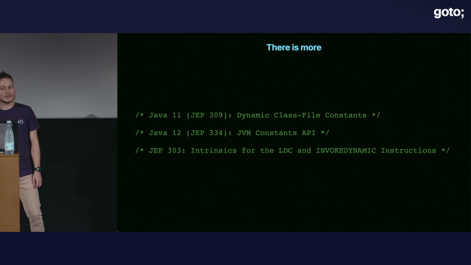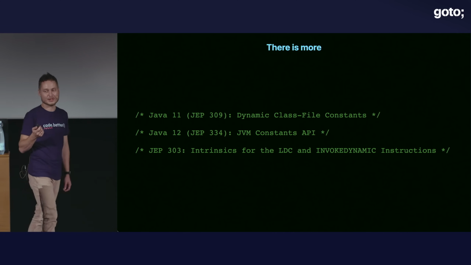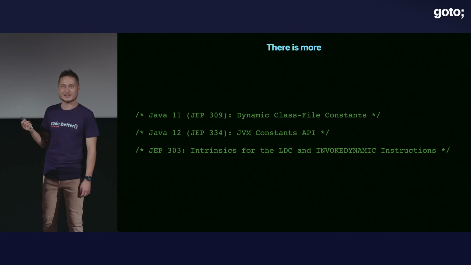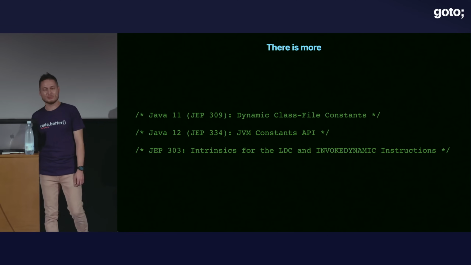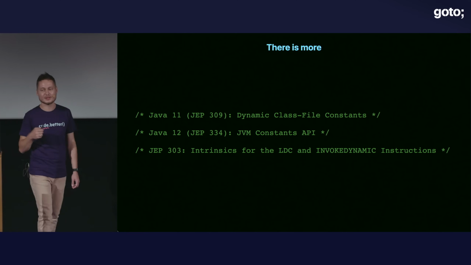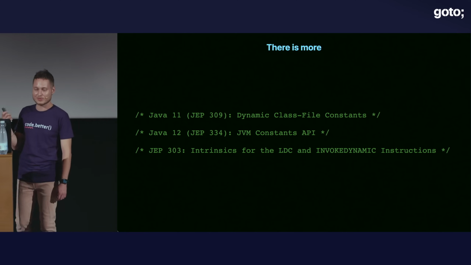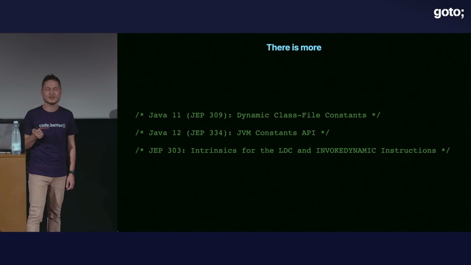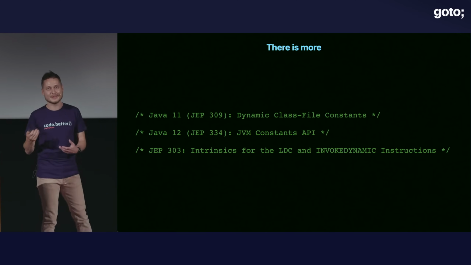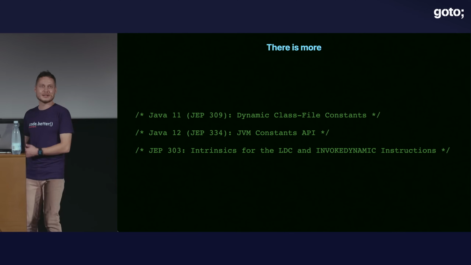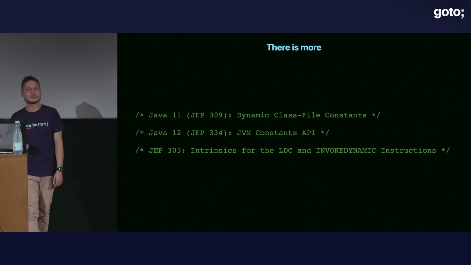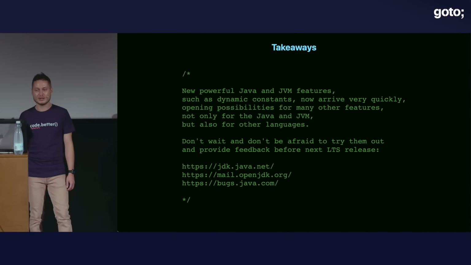And there is even more. Java 11 gave us dynamic class file constants. Java 12 gave us the JVM constants API. There are not yet implemented JEPs like JEP 333, intrinsics for LDC and invokedynamic instructions, so that you would be able to easily manipulate this from Java code without the need to use bytecode manipulation.